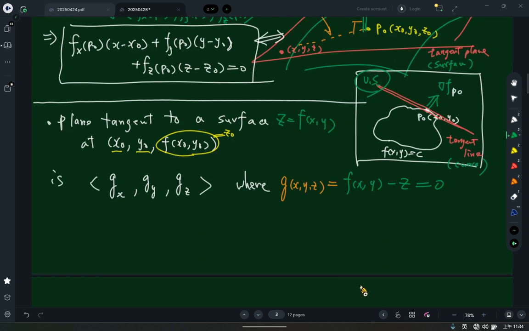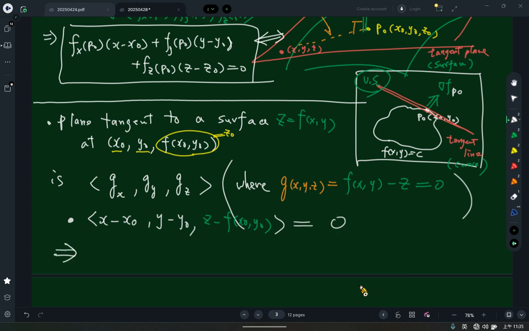So that here, if our new g is here, then the inner product with x minus x0, comma y minus y0, then z minus f of x0, y0 should be equal to 0.